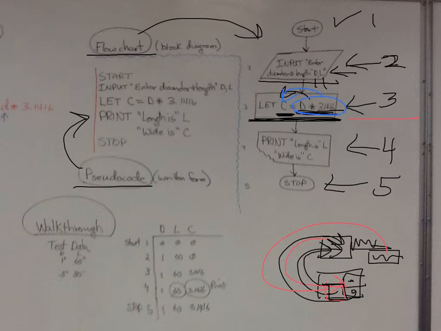So then the next step, let's say we're on step 4, it's going to print L and C. So it's literally the instruction. The instruction is going to come up to the processor. The processor is going to say, I need L. So it's going to go down, grab wherever L is, bring it up. It'll grab wherever C is, bring it up.